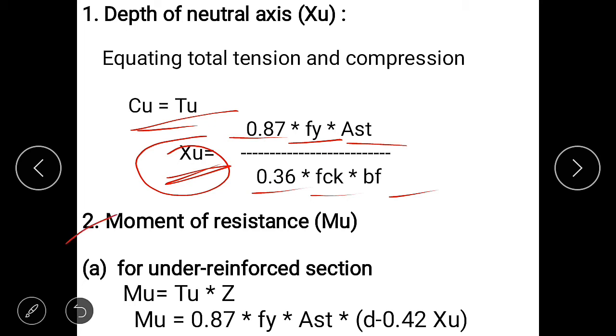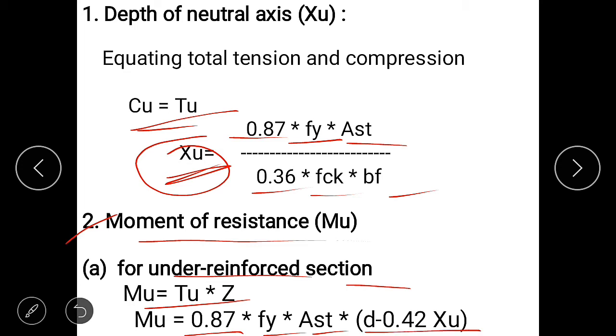The second step is moment of resistance Mu. For this first case, if you have to calculate moment of resistance, then the formula for an under-reinforced section is Tu into Z. Tu is 0.87 fy into Ast, and Z, you know what Z is? Lever arm. Lever arm means d minus 0.42 xu.